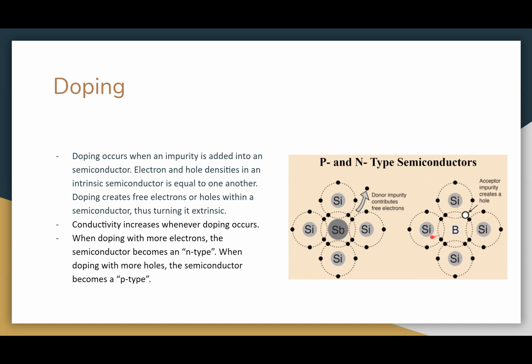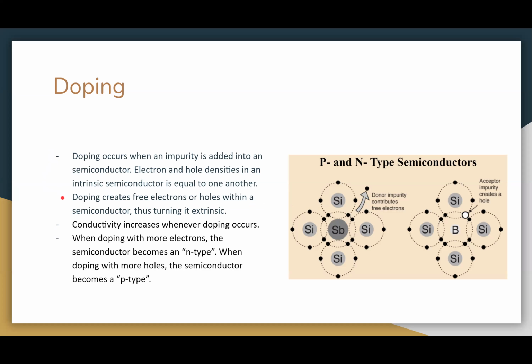So this impurity will either lead to adding a donor, which is basically an extra electron, or we'll be creating an acceptor, which is a hole. So doping occurs when adding impurities into a semiconductor. Electron and hole densities in an intrinsic semiconductor are equal to one another.